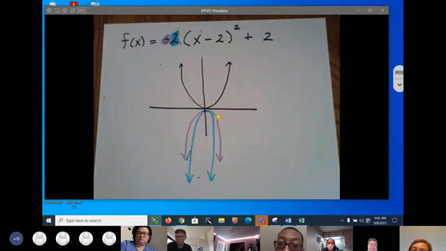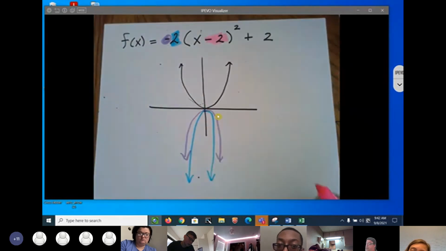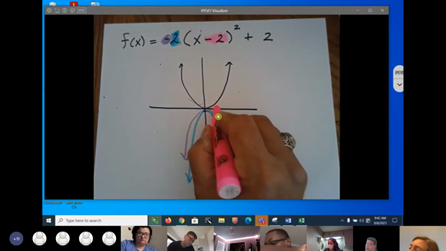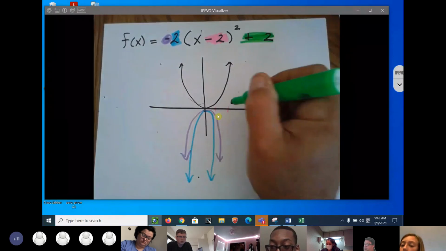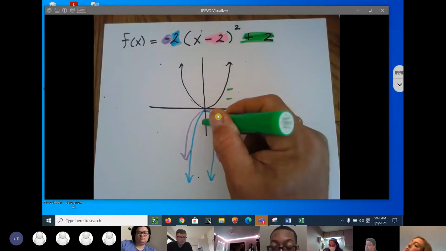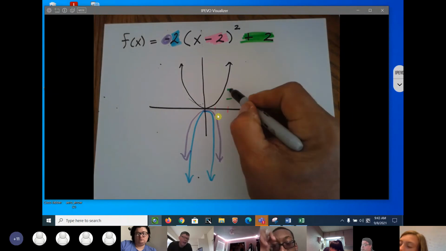And what kind of, let's see, the pink is horizontal shift. 2 to the what? Right. So 1, 2, and 2 what? 2 up. So now that blue one goes right here, and your final answer looks like this.